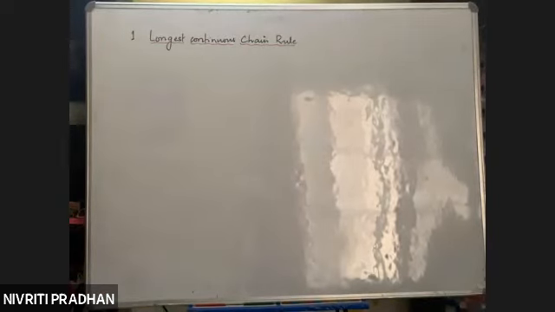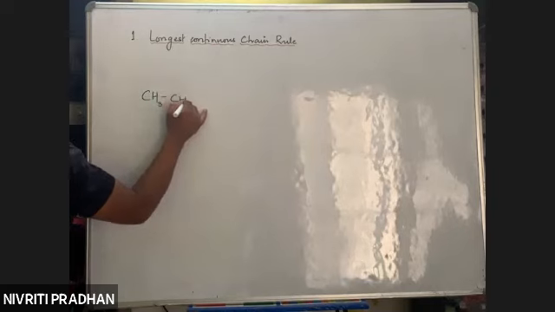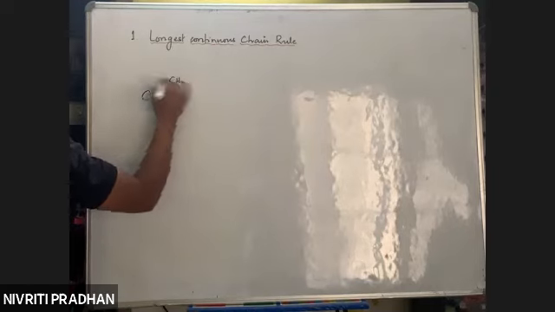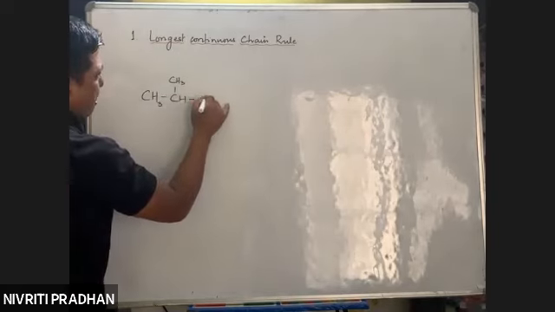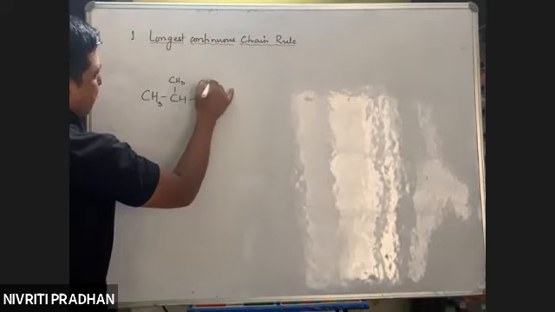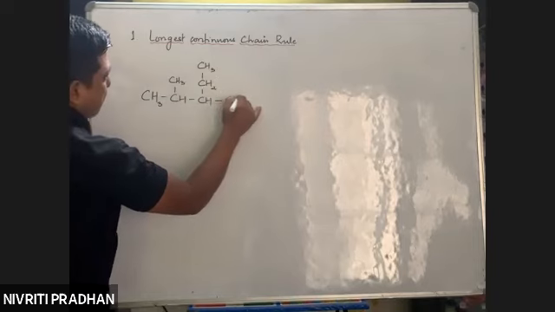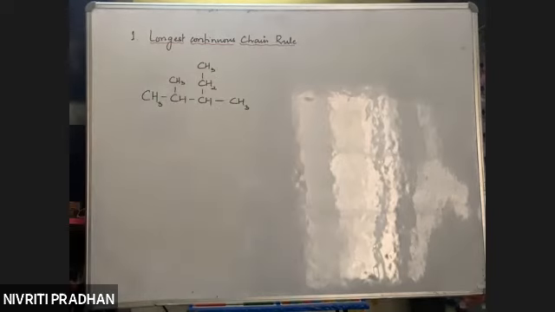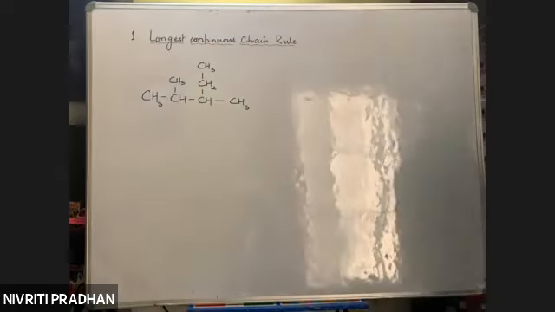So let us see some examples. For example, we have CH3, CH, CH3, with a branching, CH2, CH3, CH3. Can someone tell me how many carbon atoms are there in the longest continuous chain of carbon atoms?